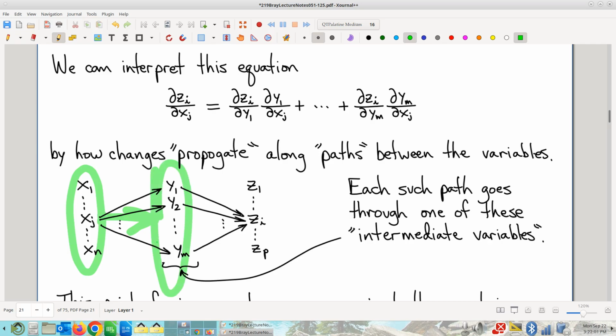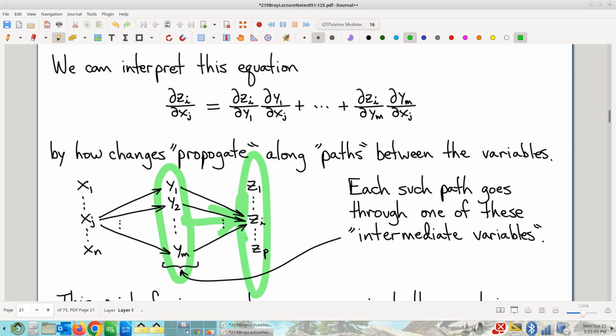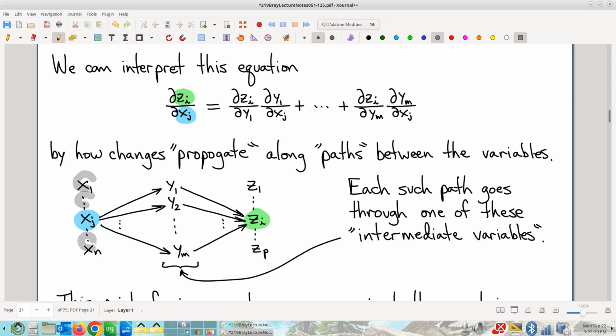This is the first function, and then this is the second function. We're interested in how this variable changes per unit change in that variable, and it's a partial derivative, so we know that these variables here aren't allowed to change. Only xj in the left column there.